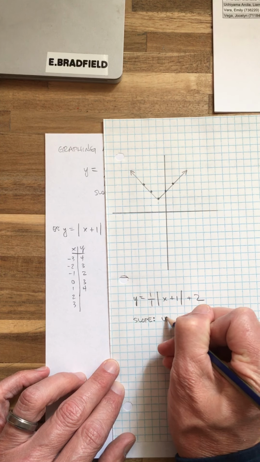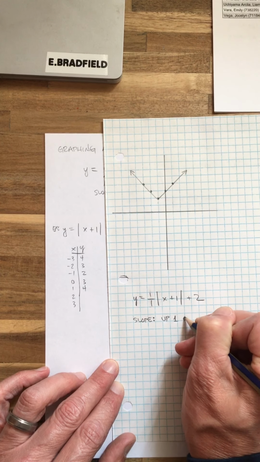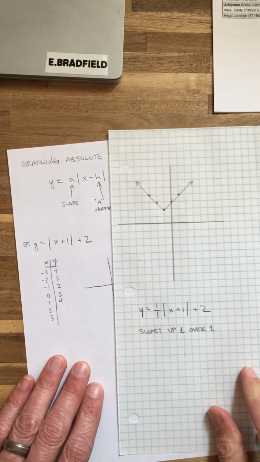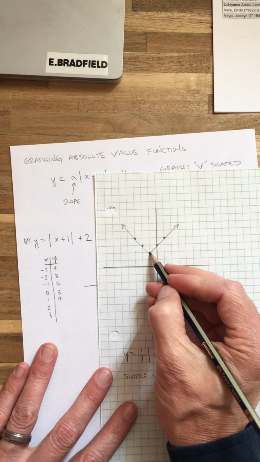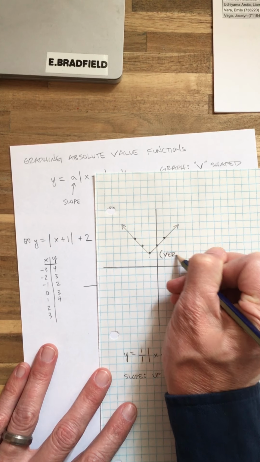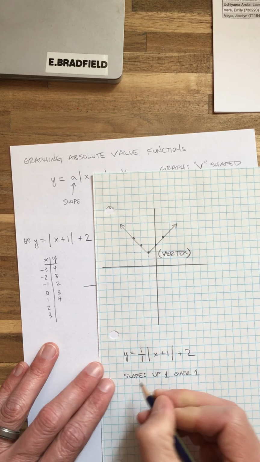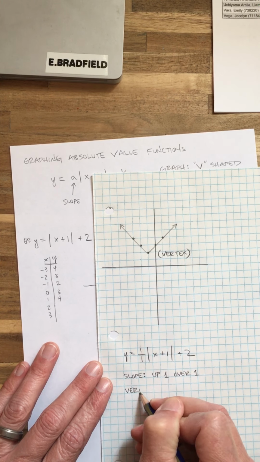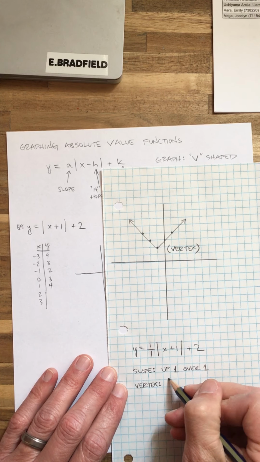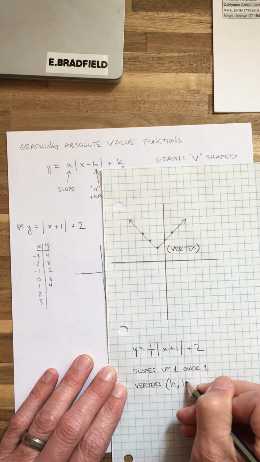So up 1 over 1, okay? And then we also need this point right here. This point is called the vertex, okay? And this is also what we need to get started. The vertex, and that vertex is h comma k, right?